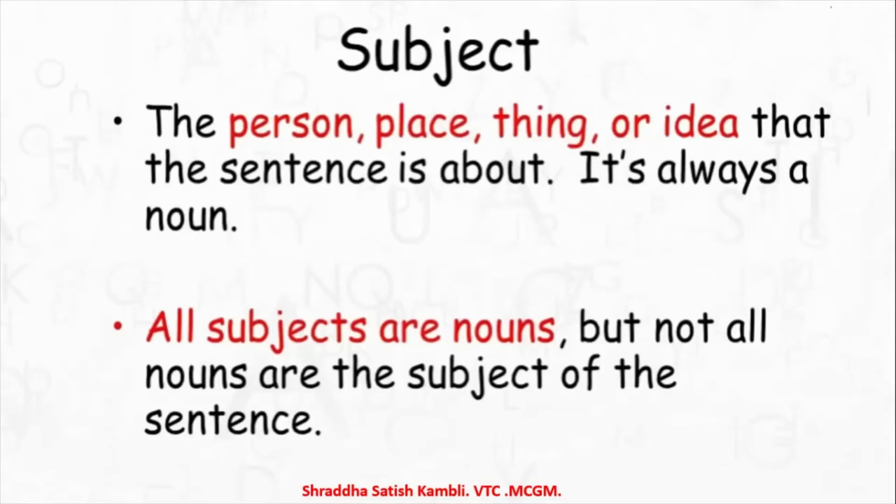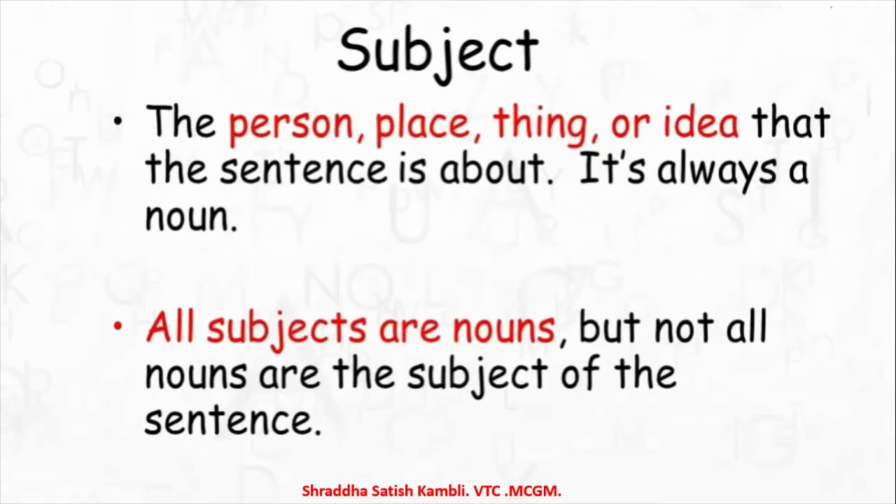Now, once again, let's understand the meaning of a subject separately and predicate separately. So what is a subject? The person, place, thing or idea that the sentence is about is the subject. So it could be a person, it could be a place, it could be a thing, or it could be an idea. And that is why I said generally the subject is a noun.